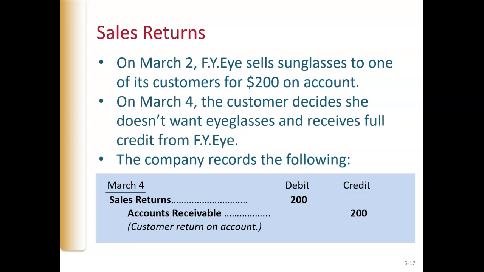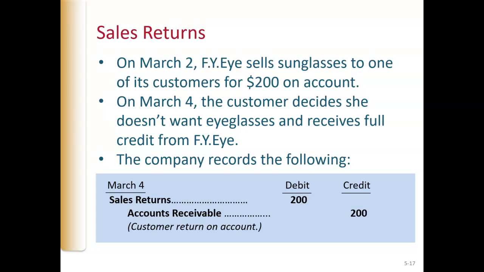If on March 2nd, FYI sells sunglasses to one of its customers for $200 on account, on March 4th, the customer decides she doesn't want the sunglasses and receives the full refund from FYI.